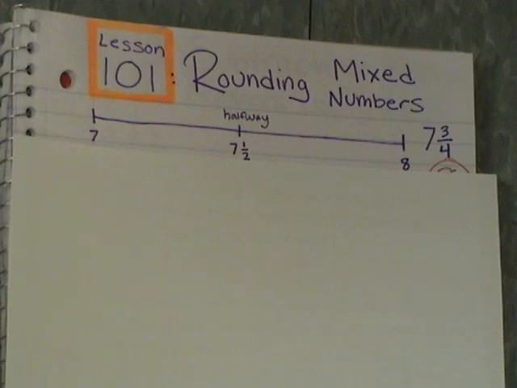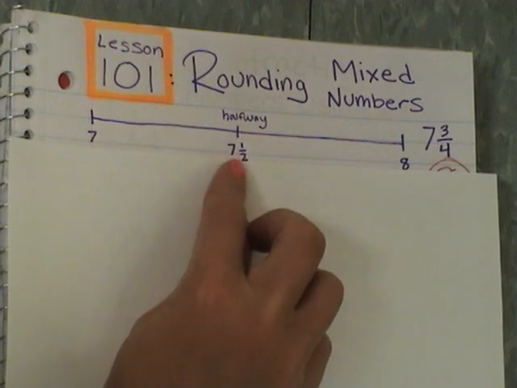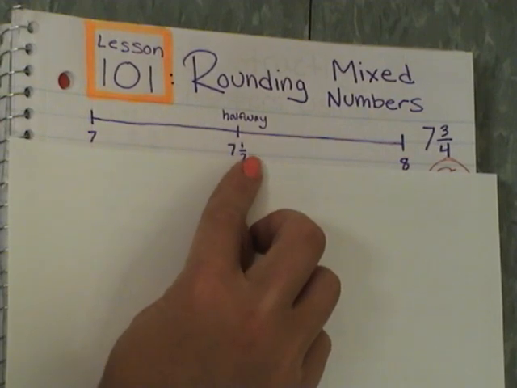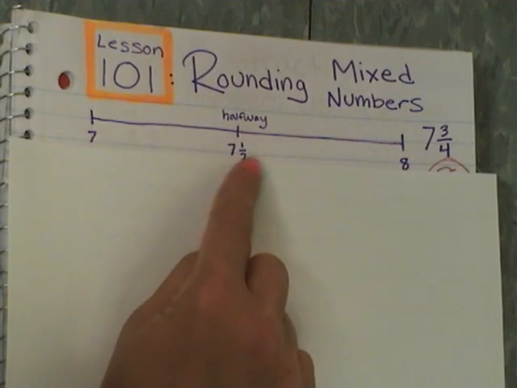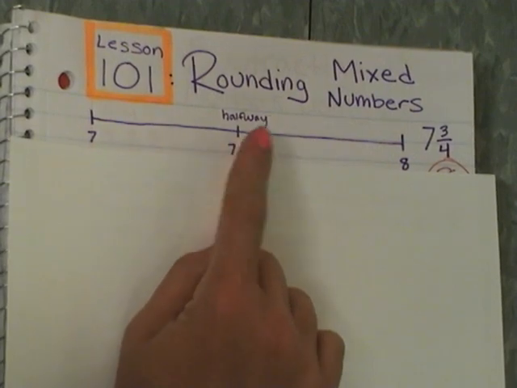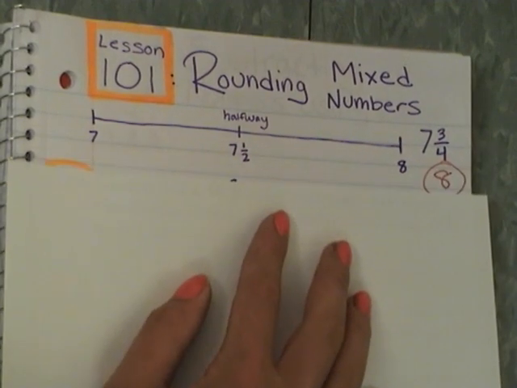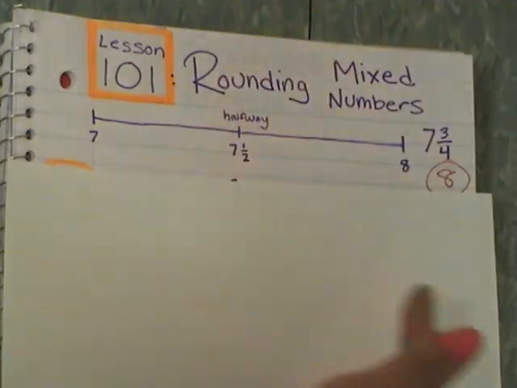Now, is 3/4 bigger or smaller than 2/4? We look at that numerator. Is 3 bigger than 2? Yes. So this is my 1/2 mark, and it would be 7 2/4. But since I have 7 3/4, I'm going to round that number all the way up to 8.